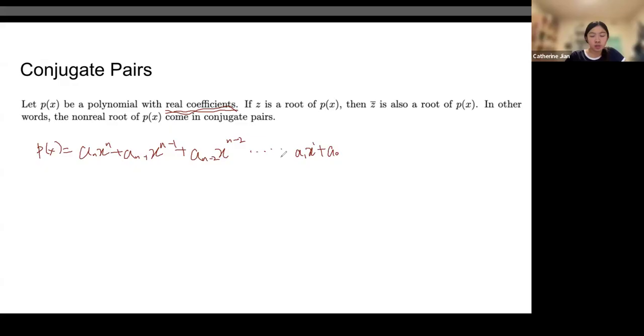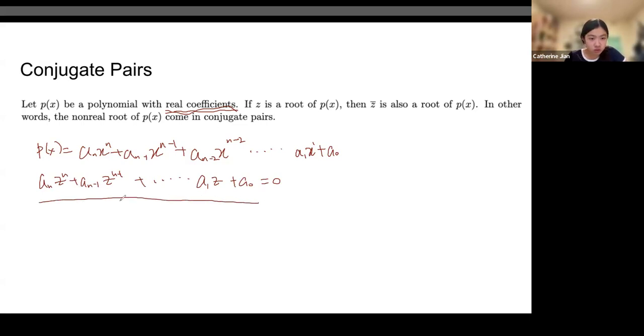And then if c is a root of this, we can just see that a of n times c to the n plus a of n minus 1 times c to the n minus 1 plus dot dot dot a of 1 times c plus a of 0 should be equal to 0. And now something we can do is take the conjugate of both sides of this equation.